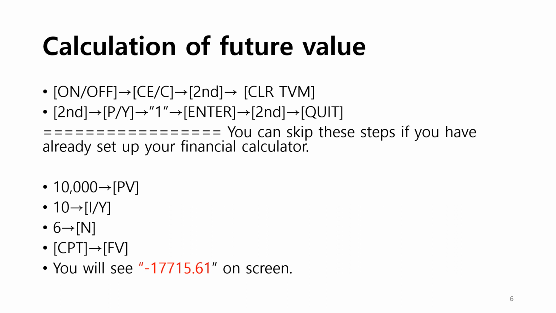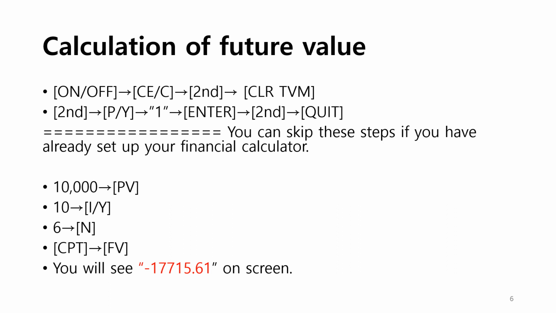So, as we have already studied, the $10,000 is the present value. So first press 10,000 and then press PV. And the interest rate is 10, right? Press 10 and then press I/Y.